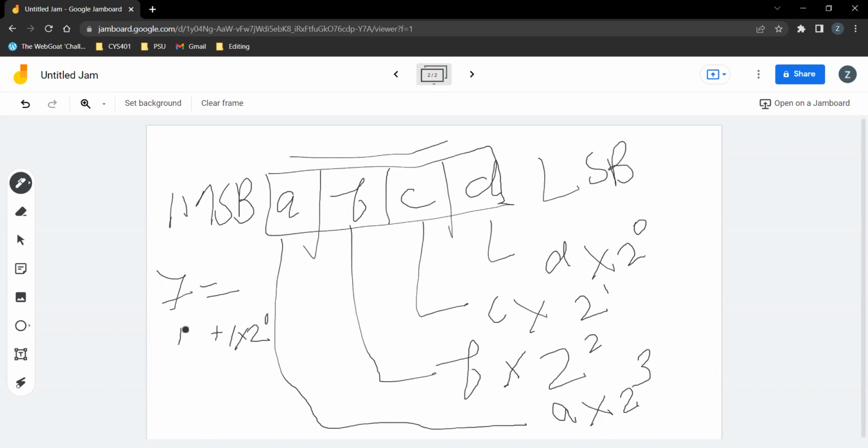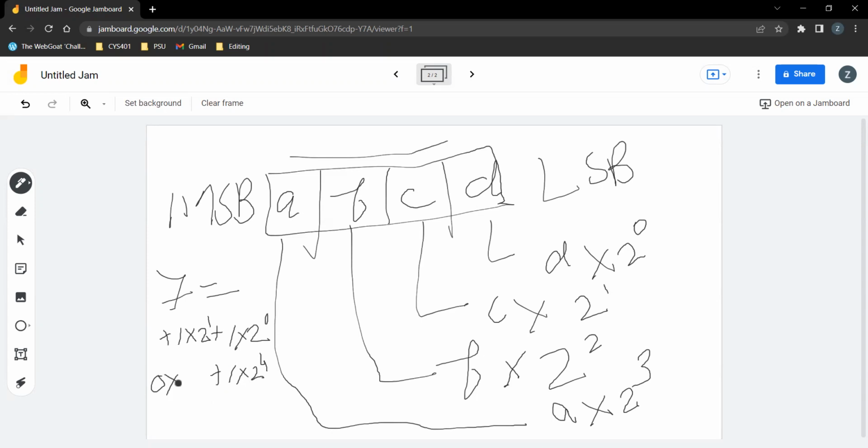So we need this also. So 1 into 2 to the power 1 plus, we need this also for 4. So we write 1 into 2 to the power 2 plus, we don't want this.